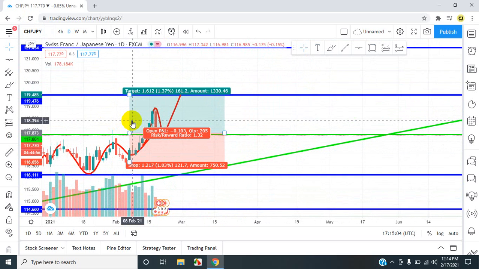So we're looking at 161 pips on the way up. If we find the engulfing pattern or some type of pattern that will indicate for us to jump in this trade for this buy, this is an amazing trade for 161 pips.